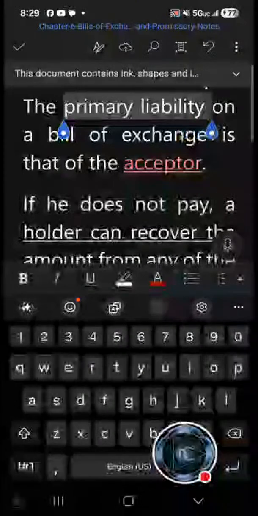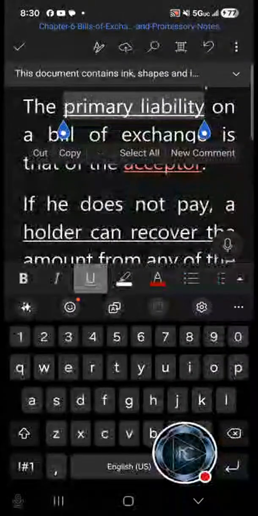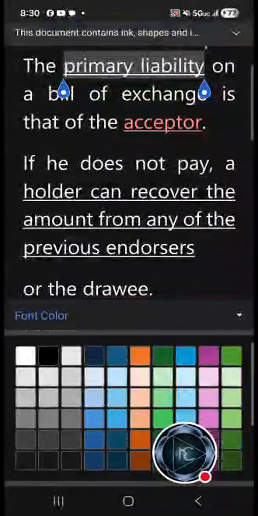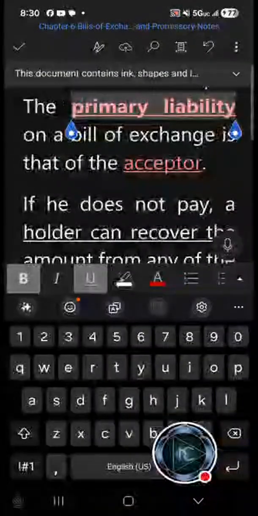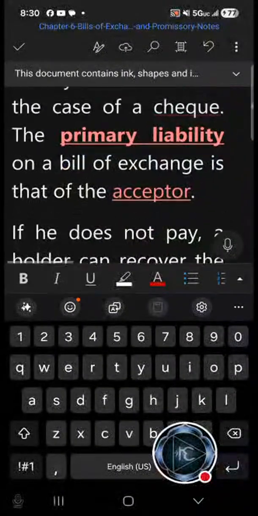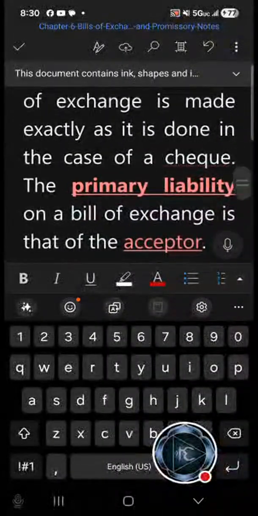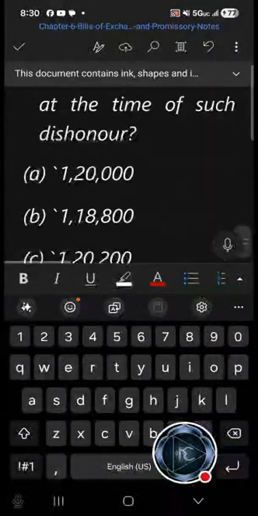They're holding the primary liability. Who accepted it is the question here. We want to know. We write that in big bold letters: primary liability is on the acceptor.